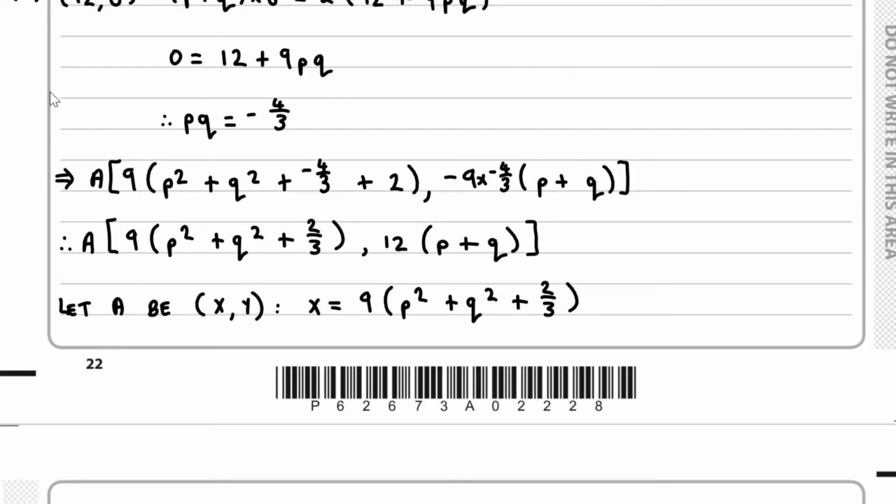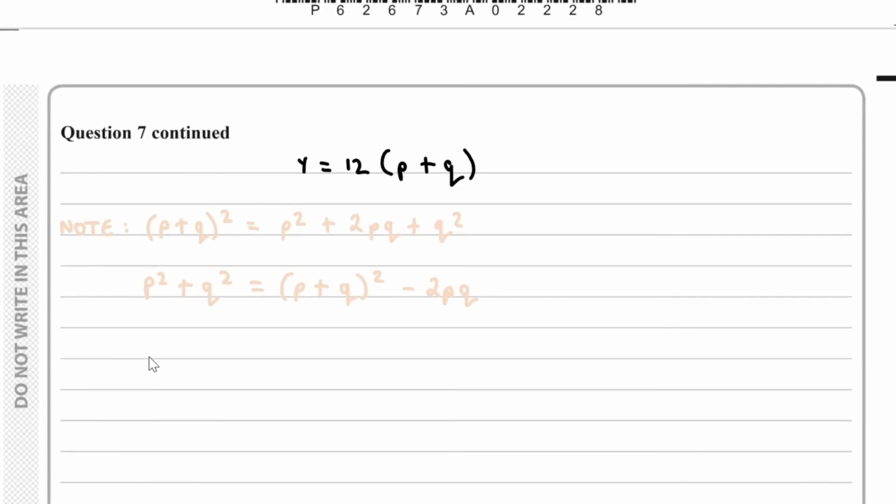And recognizing that pq is equal to −4/3, we have p² + q² equals (p + q)² − 2 lots of −4/3. And therefore p² + q² is equal to (p + q)² + 8/3.